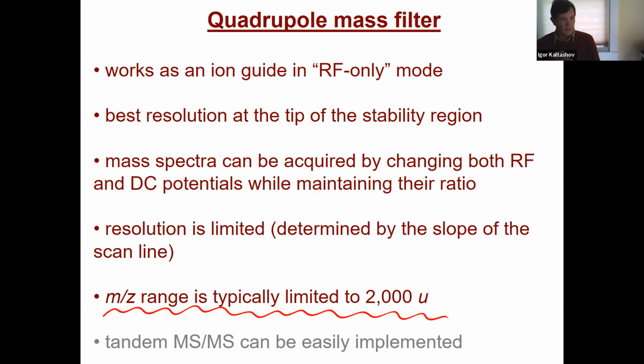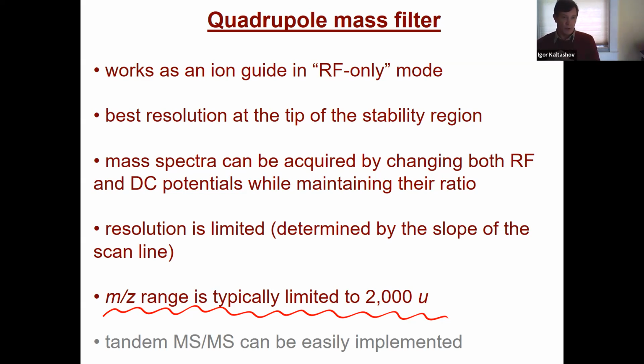And so I think the instrument that we have in the mass spec center on the 5th floor can go up to 5,000 M over Z units. But you cannot really go much further than that. And so that's a huge difference between quadrupoles and time of flight.